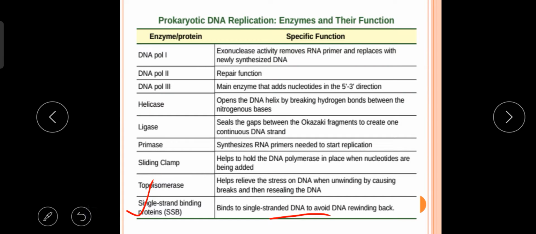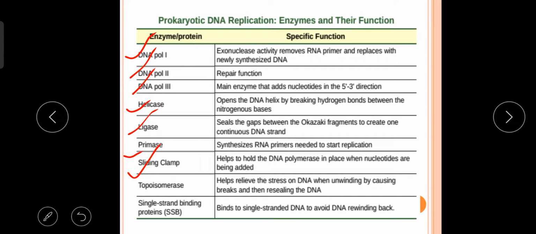So remember, these are the very important enzymes involved in the DNA replication process in prokaryotes. DNA polymerase 1, 2, 3. Then the helicase enzyme. Ligase, which joins two different segments of DNA. Primase, which produces the RNA primer.